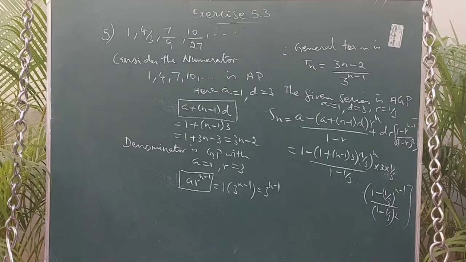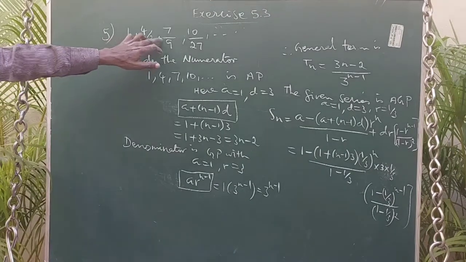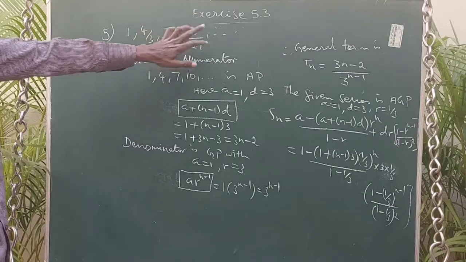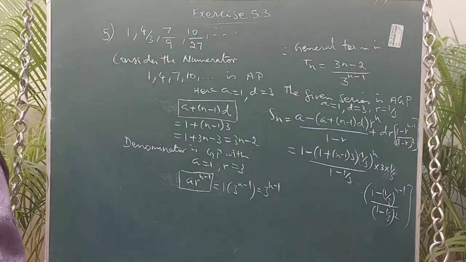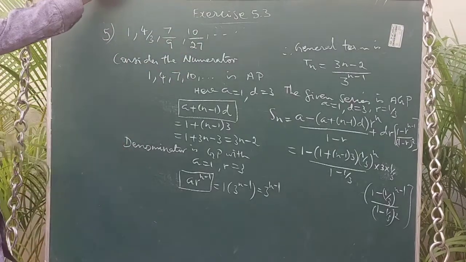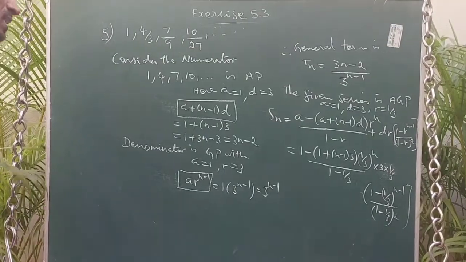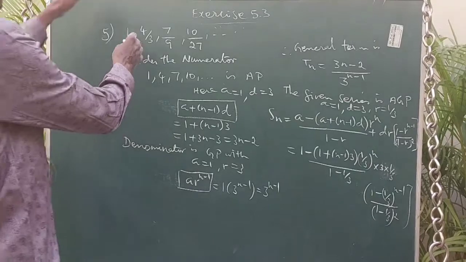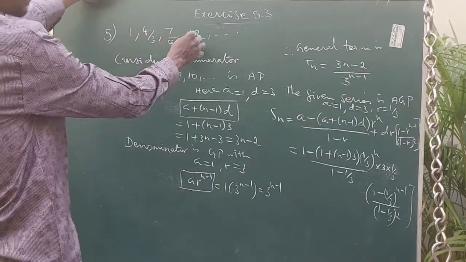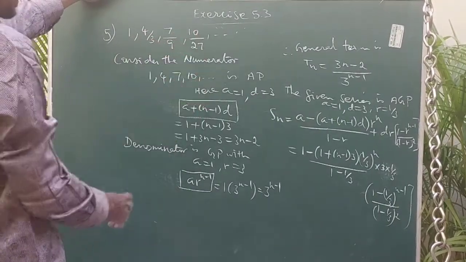Question number 5 in exercise 5.3. Find the general term and sum of n terms of the sequence 1, 4 by 3, 7 by 9, 10 by 27, etc. My dear student, to obtain the general term of the series, look at the numerator and denominator separately. The numerator 1, 4, 7, 10 is in AP.